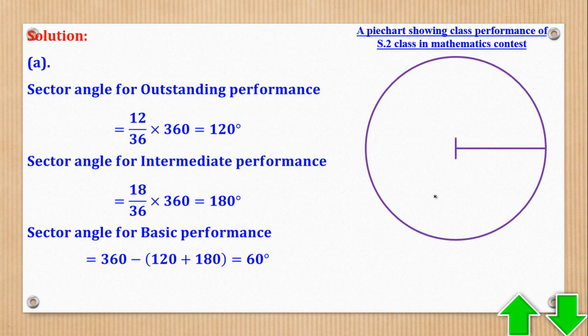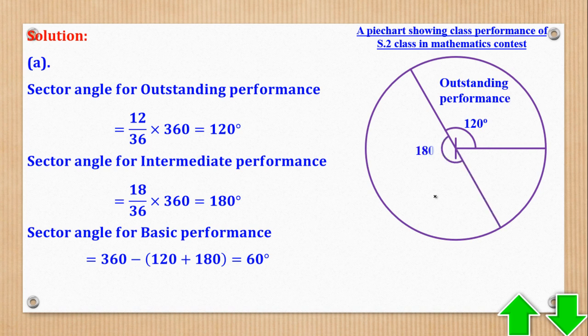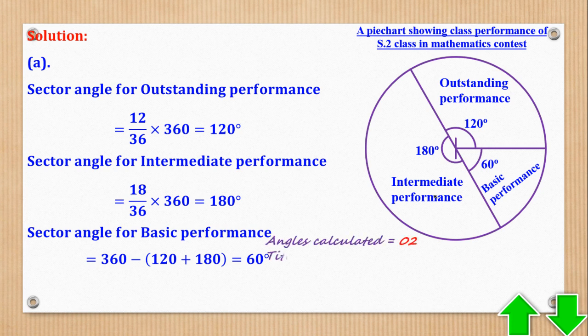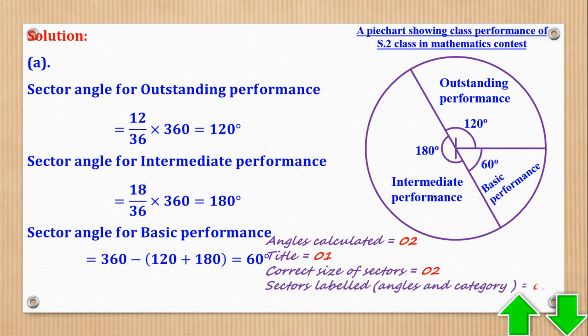Pie charts use a protractor, strictly a protractor, and measure off 120 to get the outstanding performance, then measure off 180 to get the intermediate, and the balance will be for basic performance. And that's what they wanted.